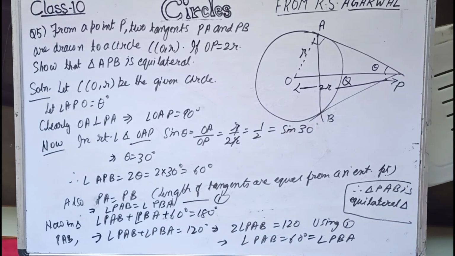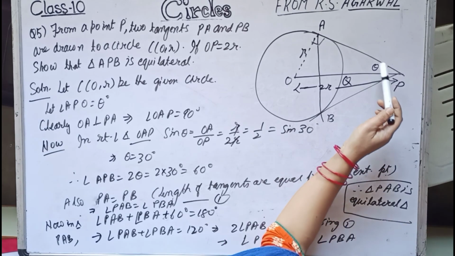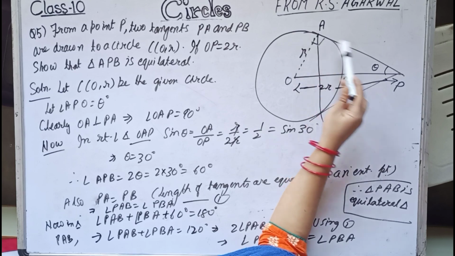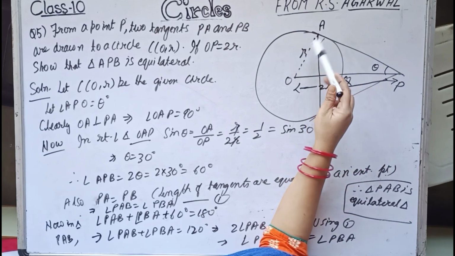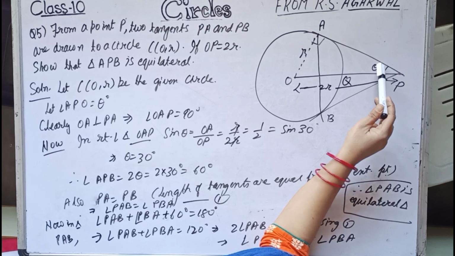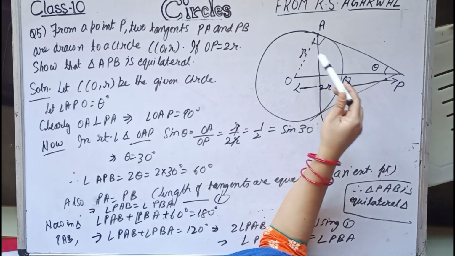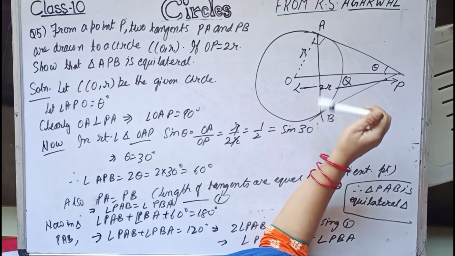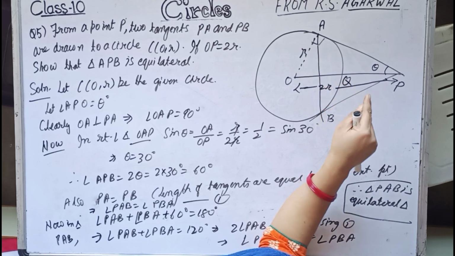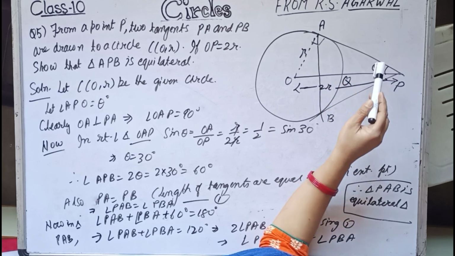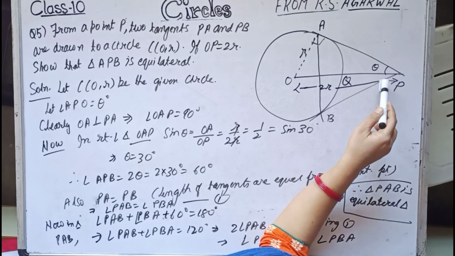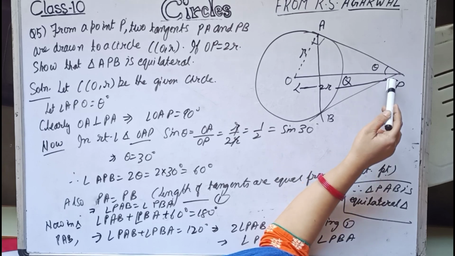So what we have done, again I am showing over here. OA is perpendicular to PA, therefore OAP is a right angle triangle. Now this we have supposed as theta, then sin theta is R by 2R, which is half, and half is sin 30, therefore theta equals to 30. If this is 30, this also is 30, so this whole angle is 60 degree.